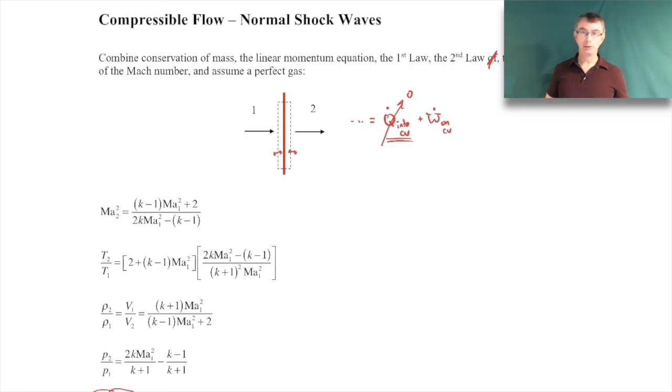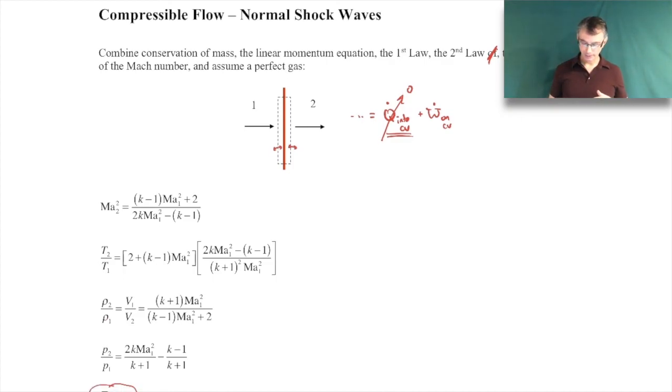So we'll end the lecture here today. In the next lecture, we'll talk about converging diverging nozzles. In a converging diverging nozzle, as I've talked about in a previous video, there's the possibility that in the diverging section the flow can go supersonic. If that's the case, it's possible that we could get shock waves in those diverging sections.